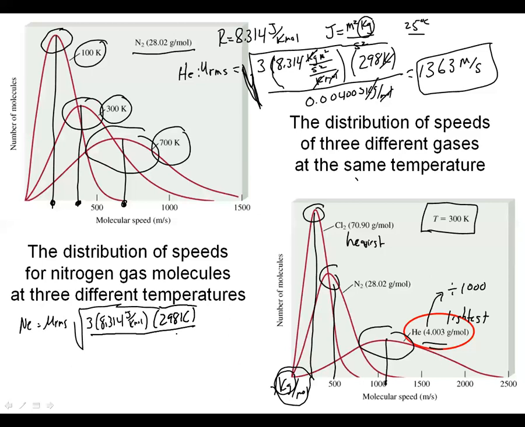Again, we need to convert that into kilograms, divided by 1,000, which will equal 0.02018 kilograms per mole. Again, everything is going to cancel out. What we'll be left with again in the square root part is meters squared over seconds squared. And when we take the square root of it, obviously it becomes meters per second.